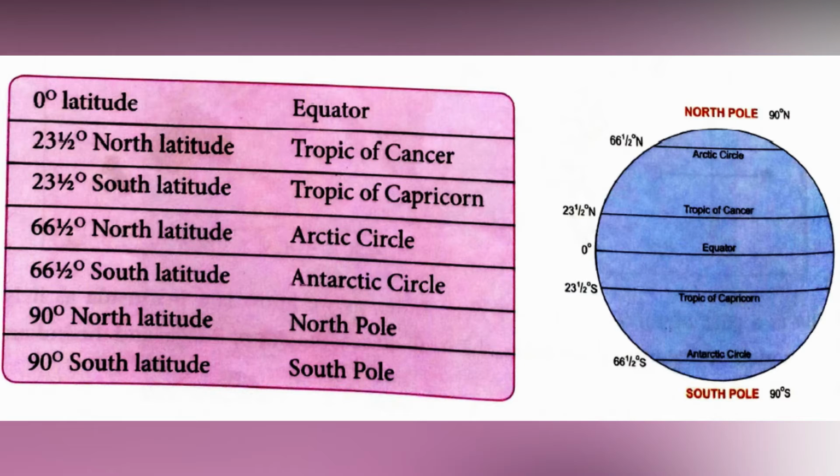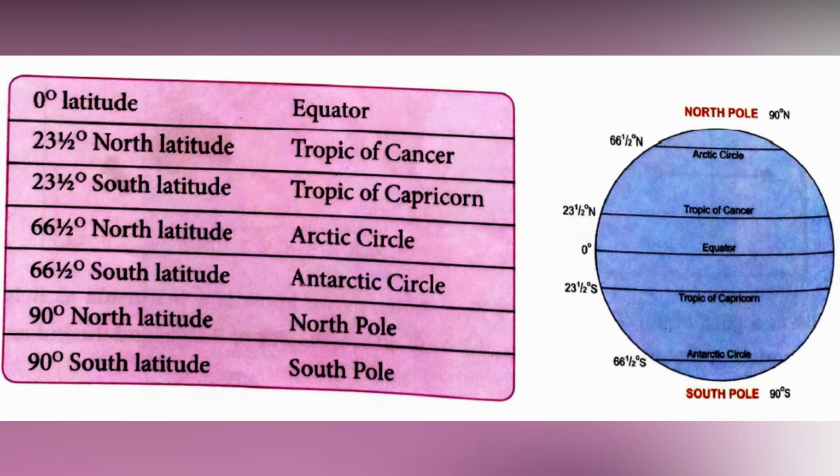The important latitudes are: 0 degree latitude is called the equator. 23.5 degree north latitude is called Tropic of Cancer. 23.5 degree south latitude is called Tropic of Capricorn.